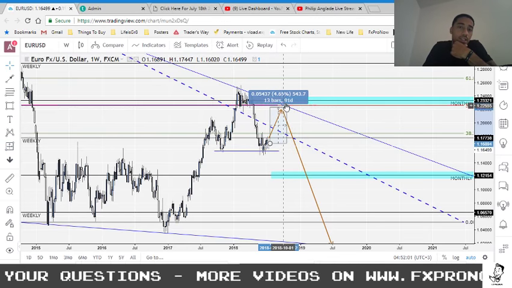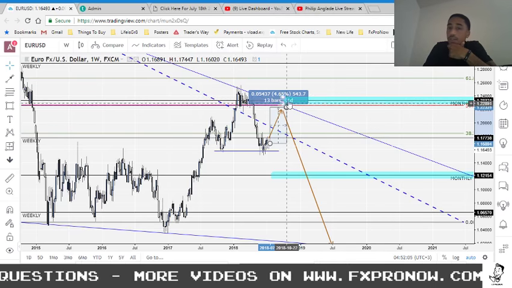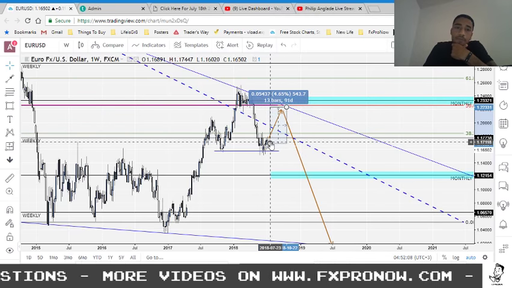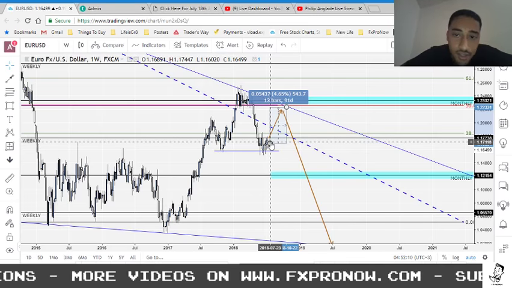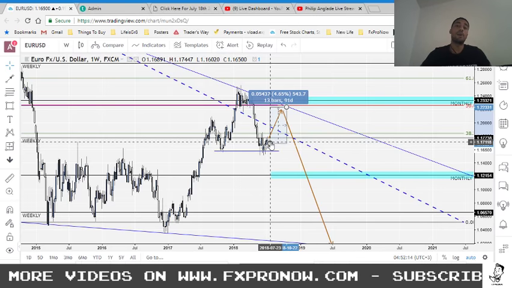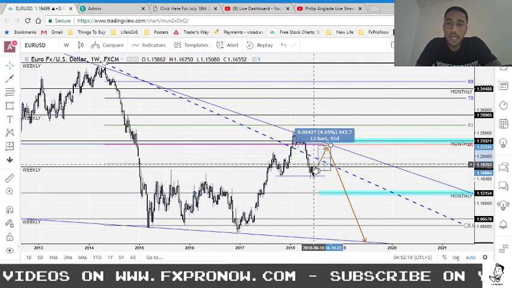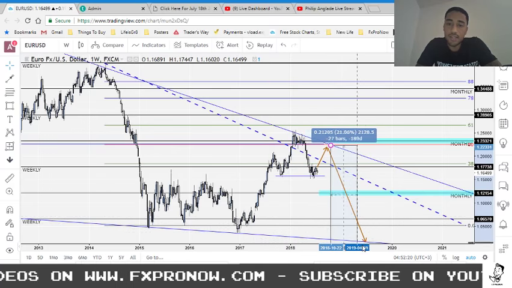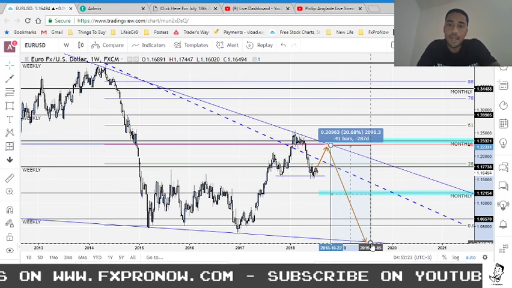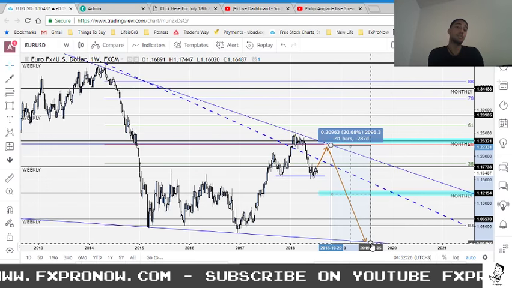To get to that monthly trend line is 543 pips, which if you had $1,000 in your account, and you're doing standard lot, that would be about $5,430, which is cool. And now let's just say that this shot down all the way after it hits that, that's 2,000 pips, 2,100 pips. That's possible.